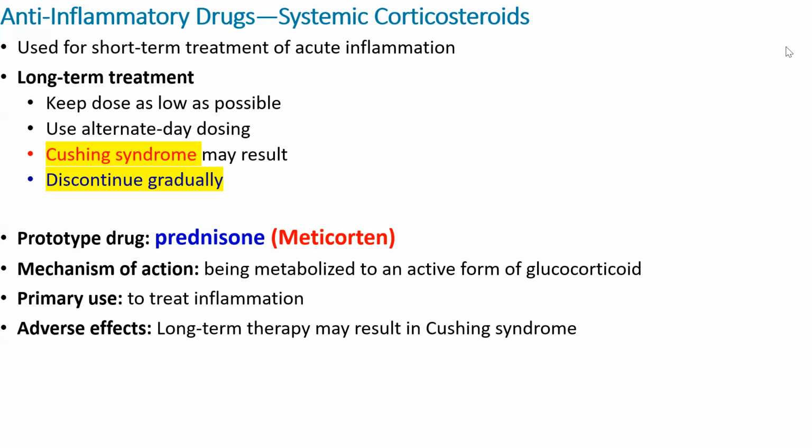However, at any time you decide to stop or discontinue the drug, it has to be done gradually. Otherwise, when the steroids are promptly or suddenly discontinued, we anticipate that the adrenal glands may shut down.